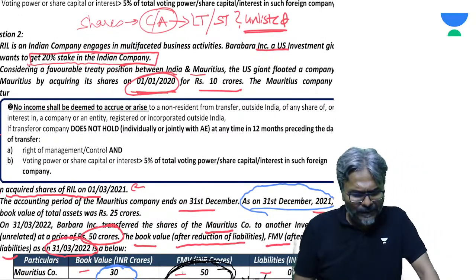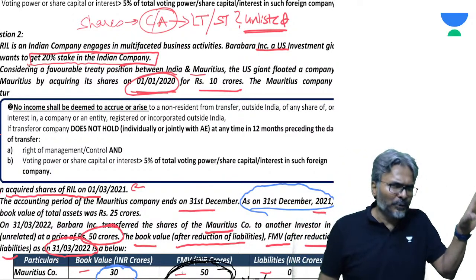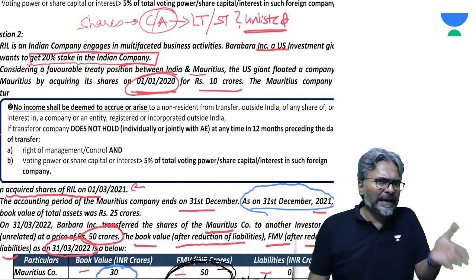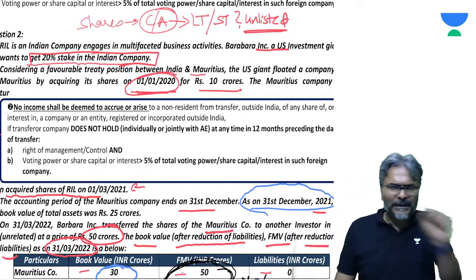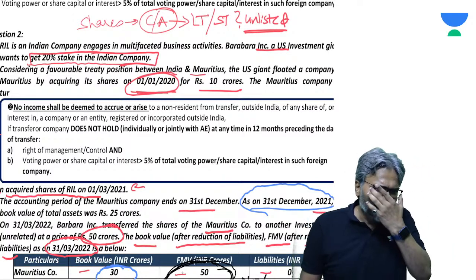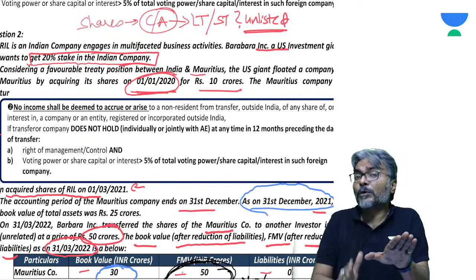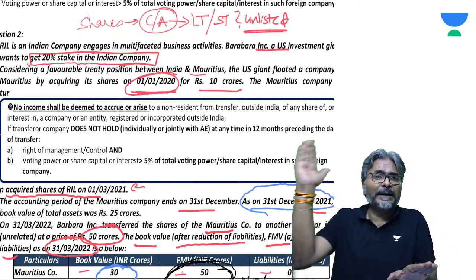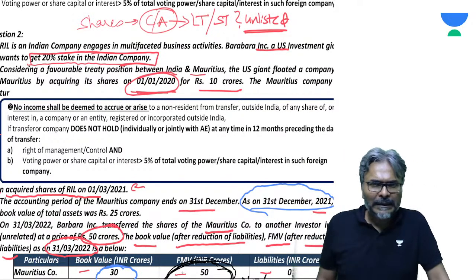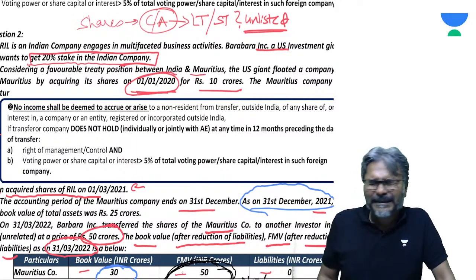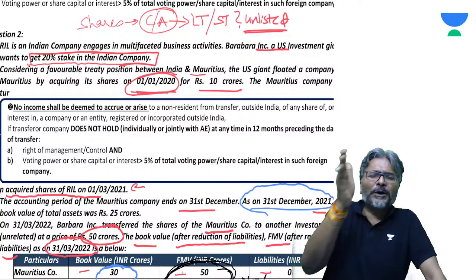One question they can also ask you: suppose the transferor, who is the US company in my example, because they are the one who have transferred the shares of the Mauritius company, is holding only 5% or not more than 5% of voting power in that Mauritius company.